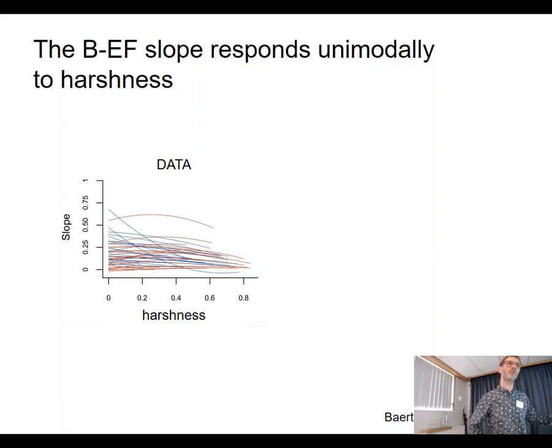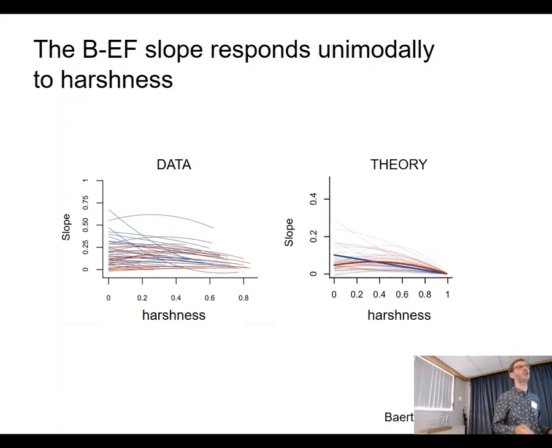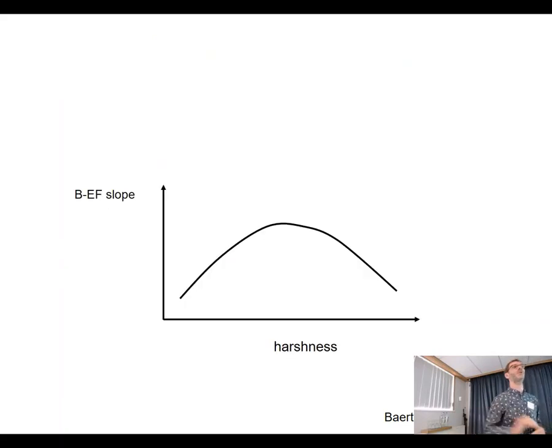The blue cluster doesn't. I won't go into detail why, we don't have the time. The point here is that we could predict both clusters using very simple competition models. So we could predict the unimodal response, and we could also predict the cases where the response is monotonously decreasing, so the blue category.